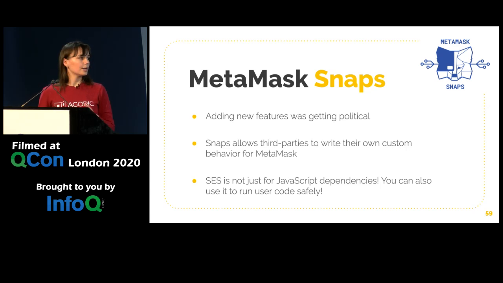Let's create a plugin platform so that we can allow custom behavior into MetaMask and do so safely. So this shows, along with the light bulb example, that SES is not just for securing JavaScript dependencies. It can also enable you to provide a plugin platform.